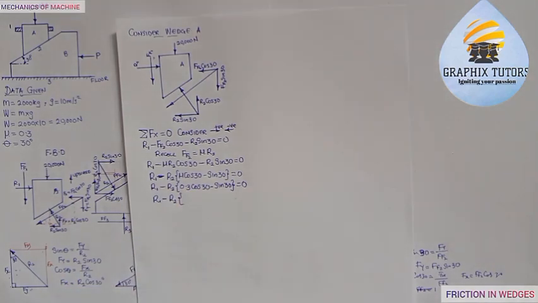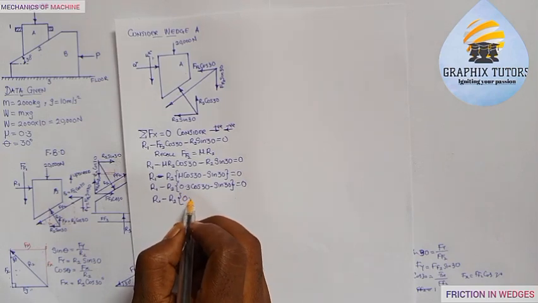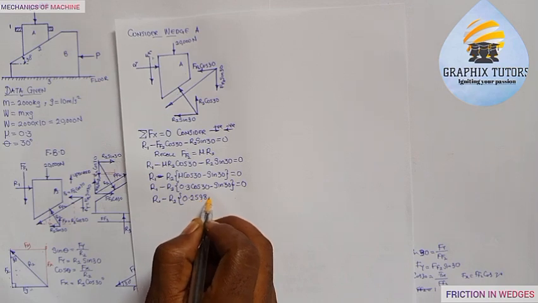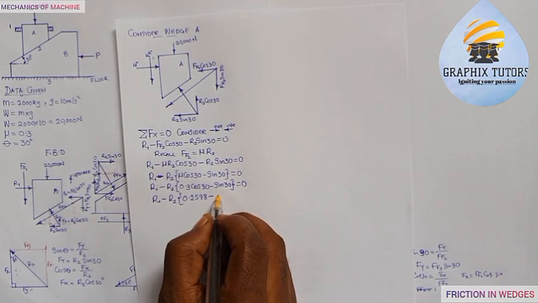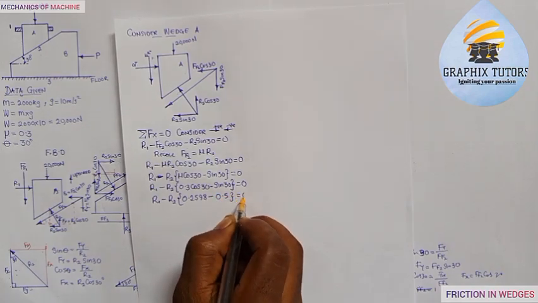Now 0.3 cos 30 is 0.2598, minus sine 30, which is 0.5, equals 0.